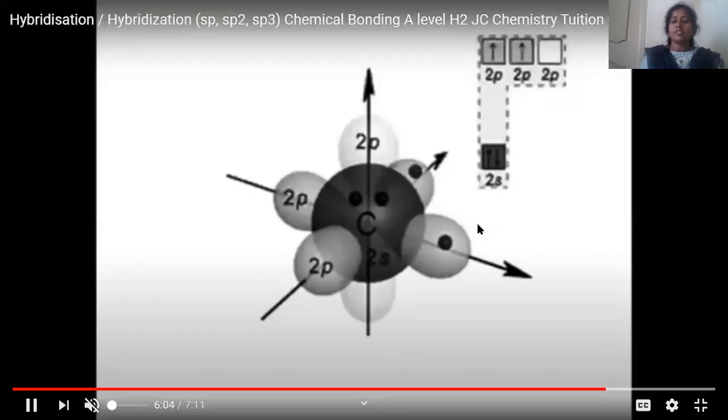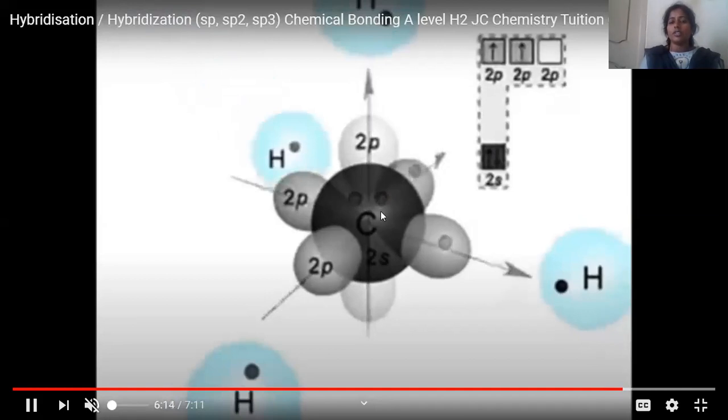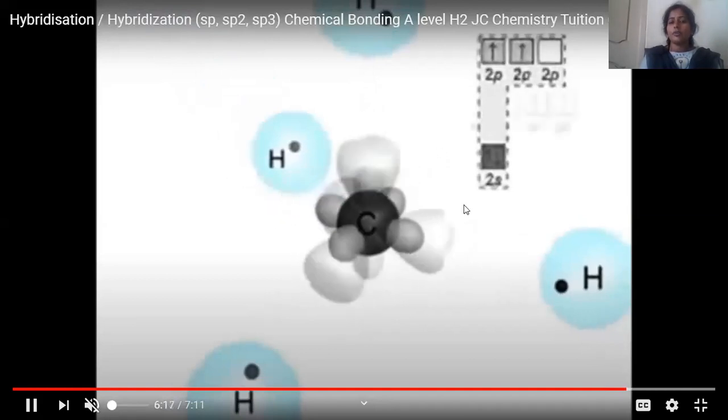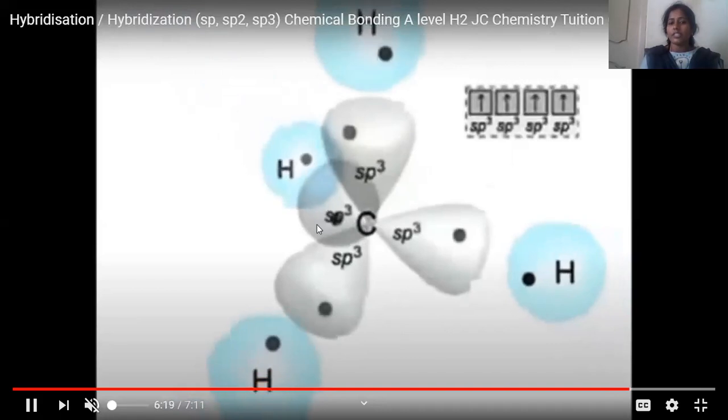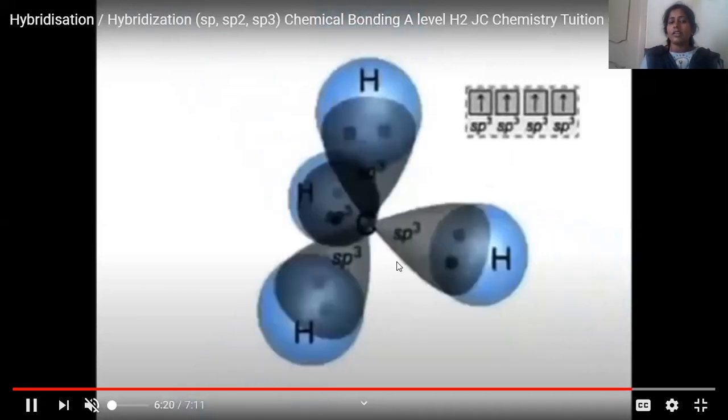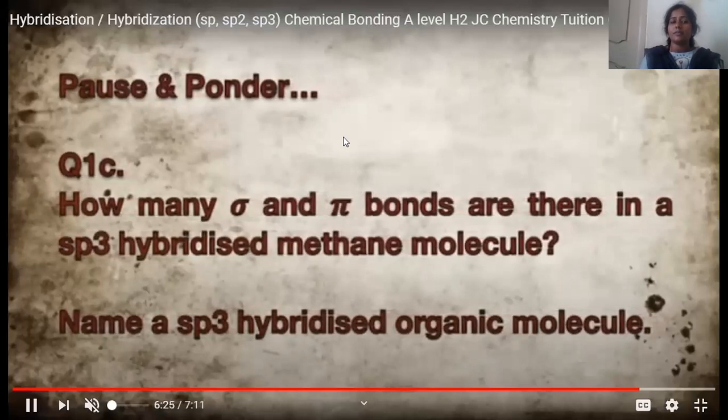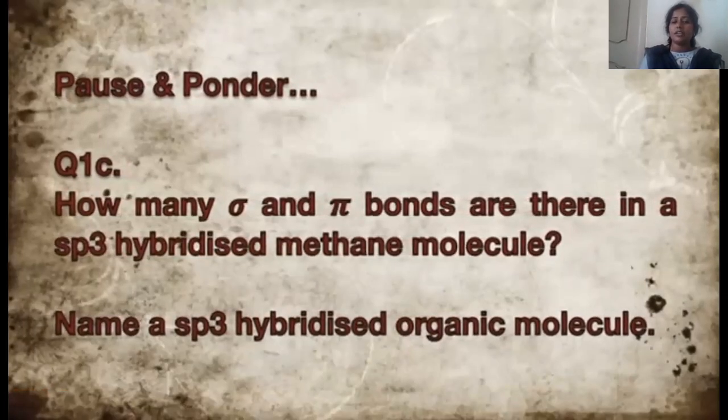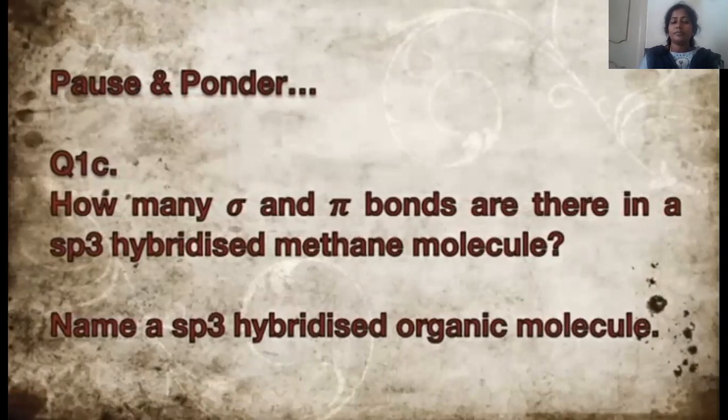All the angles are exactly equal. Methane is the simple example for this sp3 hybridization, where we have 2 electrons in s and 2 electrons in p orbitals. Excitation, this electron also excited, so that 4 sp3 hybridized orbitals are generated. These are forming sigma bonds with 4 hydrogen atoms. So very simple tetrahedral molecule formation is possible.